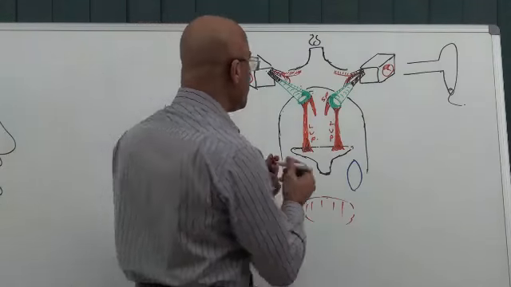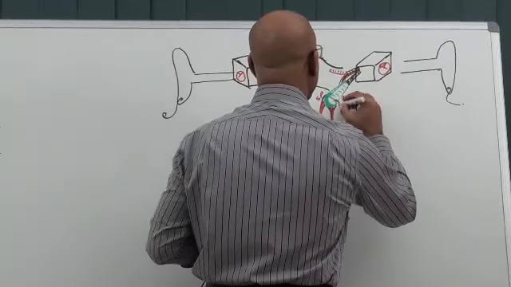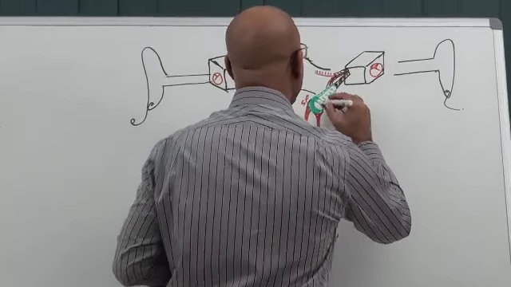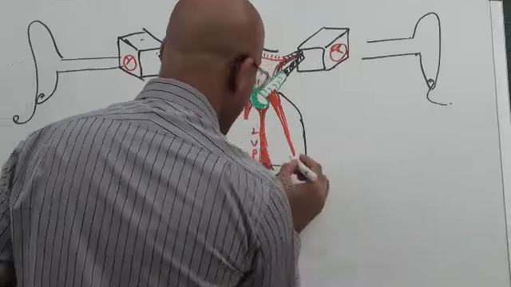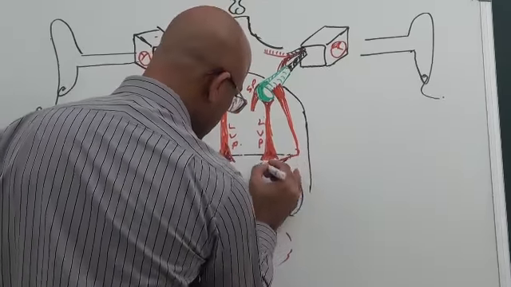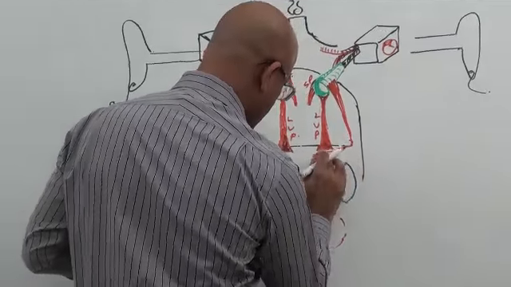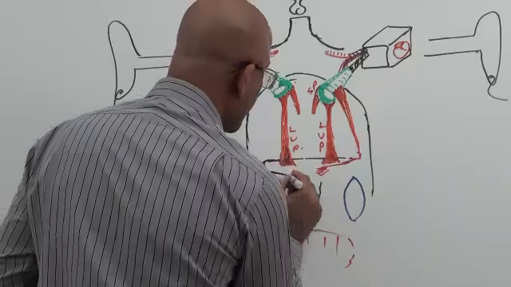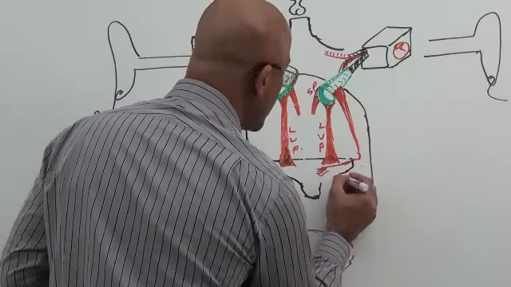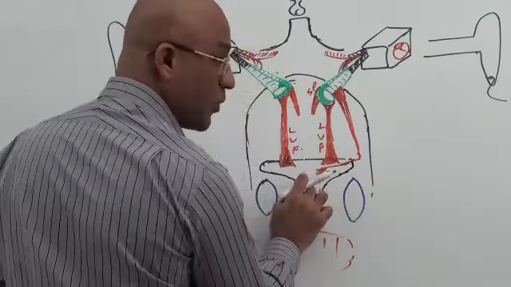Then there is another muscle. It is taking origin also from the tube, and it comes down and around the hamulus, its tendon. Okay, let me draw it a little bit more prominent. This is the uvula, okay?